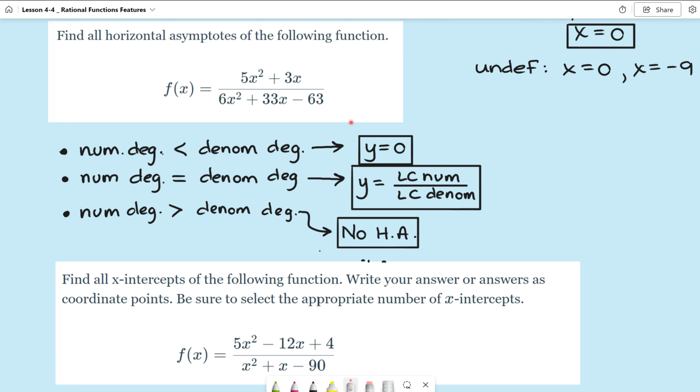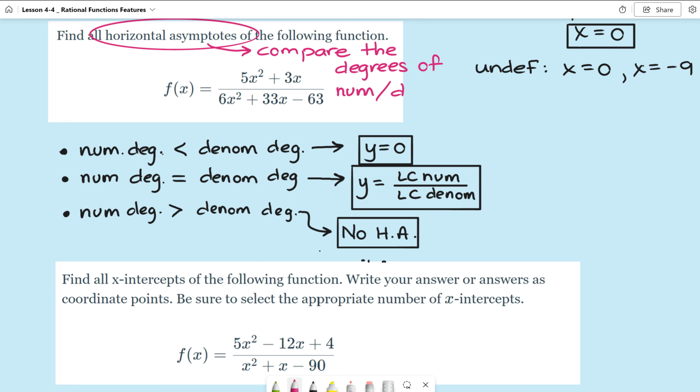Okay, so thank you for doing that. So next on the agenda are horizontal asymptotes. Now here's the deal with horizontal asymptotes. You will not need to do any factoring when it comes to determining horizontal asymptotes. All I need you to do is compare the degree of your numerator, I'm going to use NUM, and your denominator.